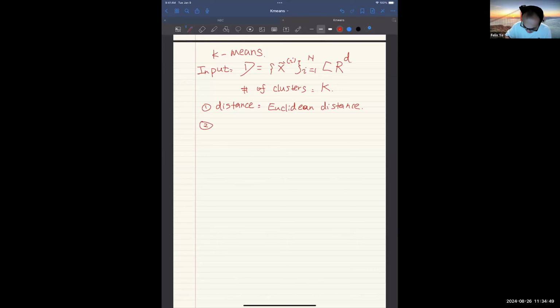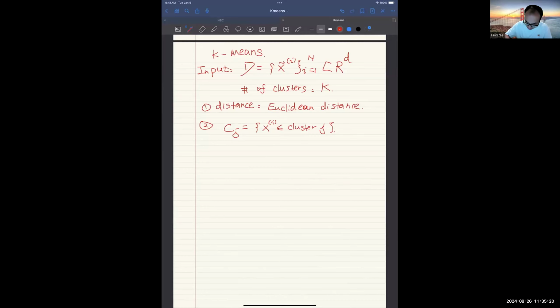Basically the cluster C_j is a set of x of i that belongs to this cluster j, for all possible x of i that belong to the cluster j.